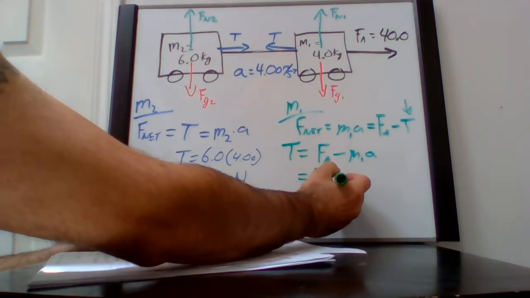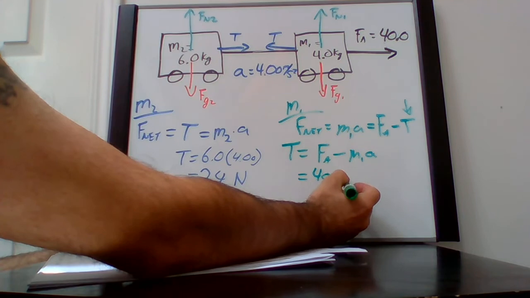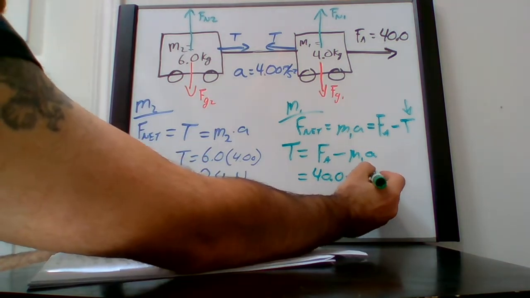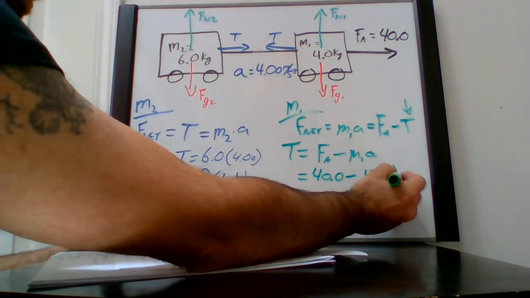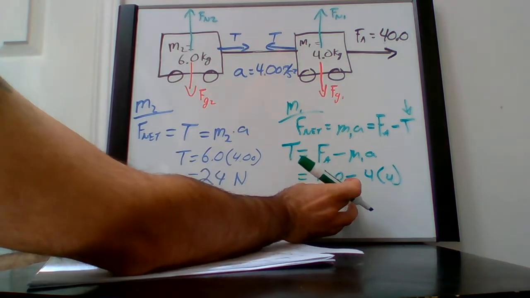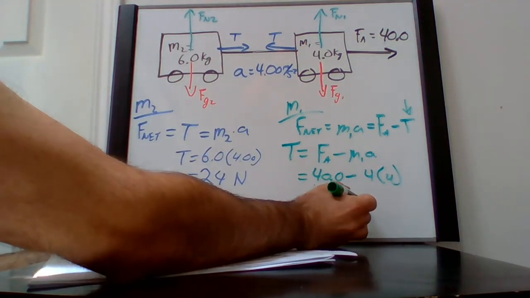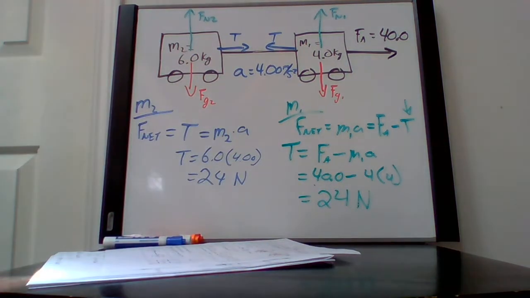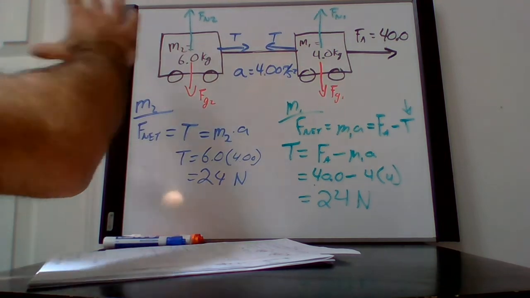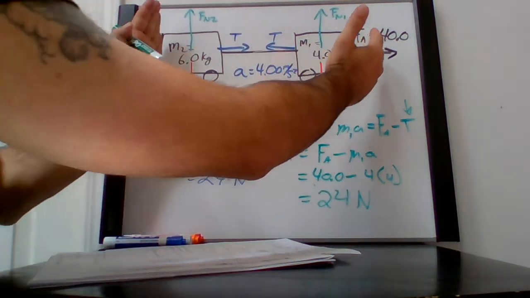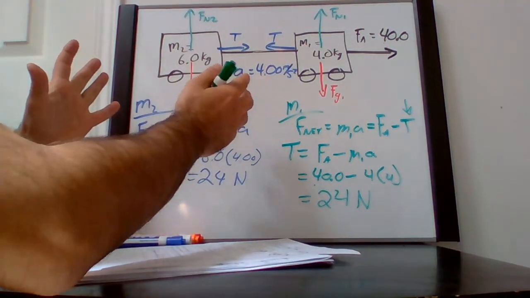We have 40 newtons for our applied force, minus a mass of 4 multiplied by an acceleration of 4. So we have 40 minus 16, we get 24 newtons.